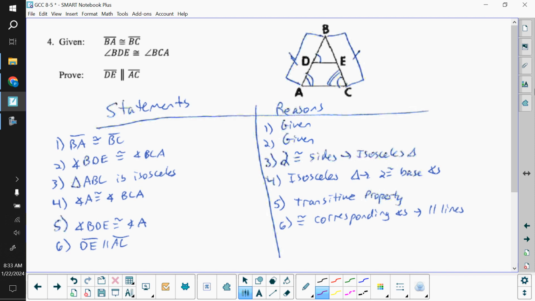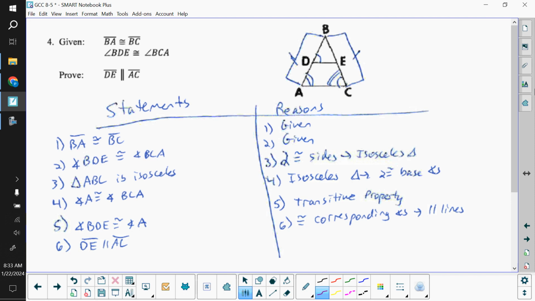And the fourth one, we had those big sides congruent, BA congruent to BC. And then we had a set of angles BDE and BCA. So those are the ones with the single marks. Well, you can say two congruent sides implies isosceles triangle to get that big triangle ABC isosceles, and then do your isosceles triangle implies two congruent base angles to get angle A congruent to angle BCA.